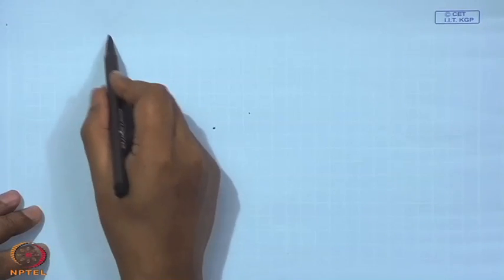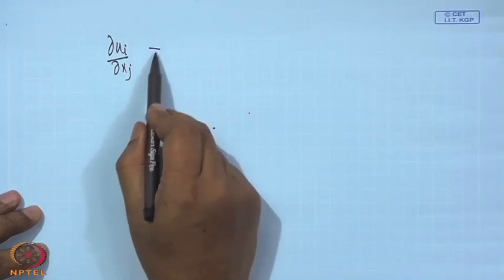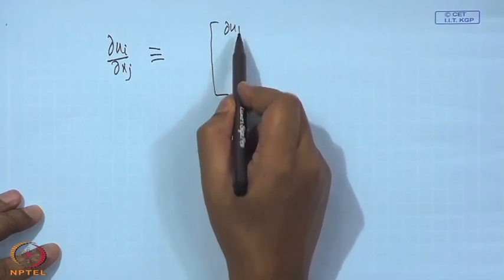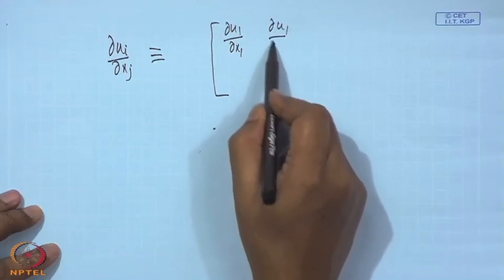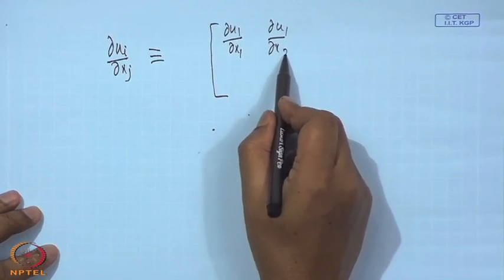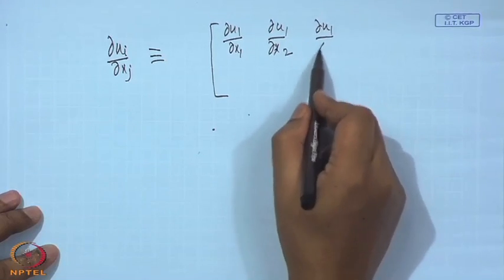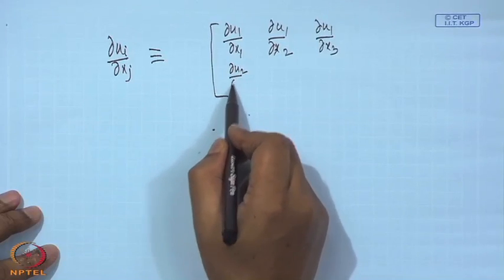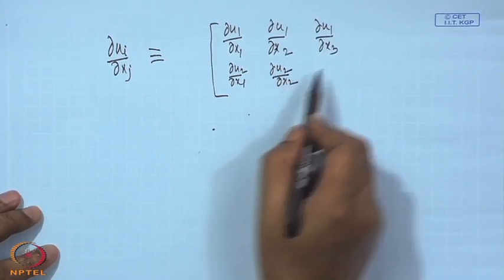This d u i d x j, if we expand it, is d u 2 d x 2 and so on.